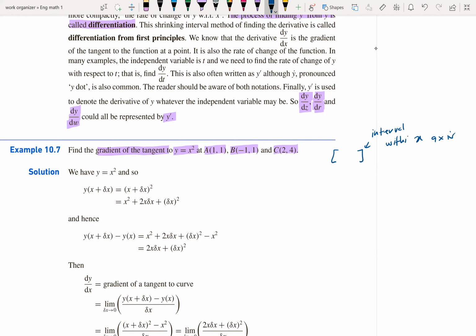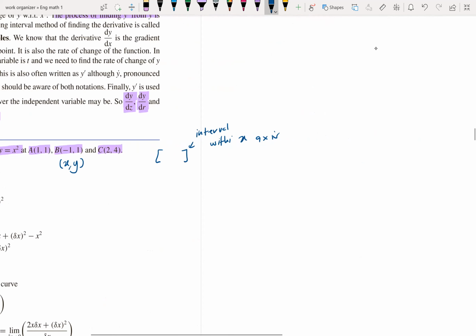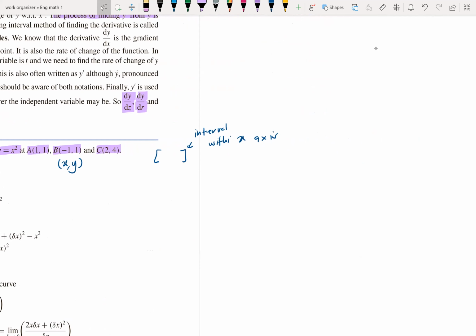When it is in bracket symbol, it is a coordinate, which is x and y. So now we have to find the gradient of the tangent, which is the rate of change of y.